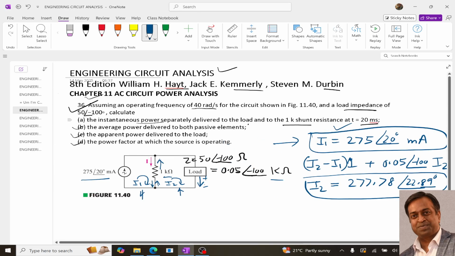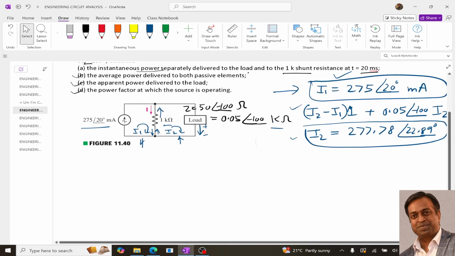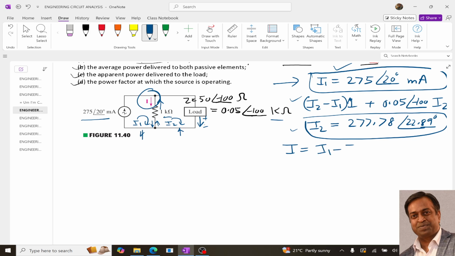There I have mentioned in detail how to solve these equations simultaneously, right? Once we get I1 and I2, we can determine the current I. Our I will be I1 minus I2, because the direction of I is in line with the direction of I1.